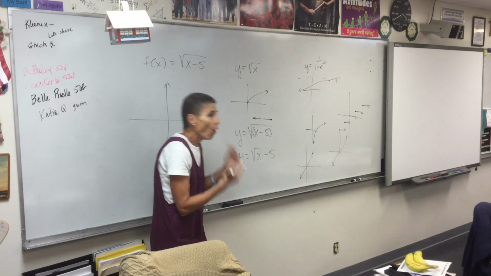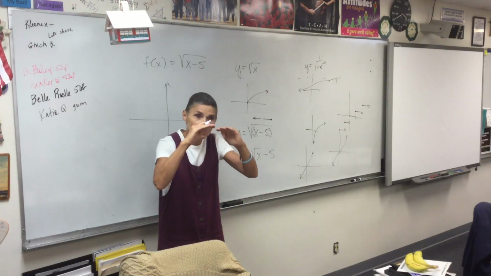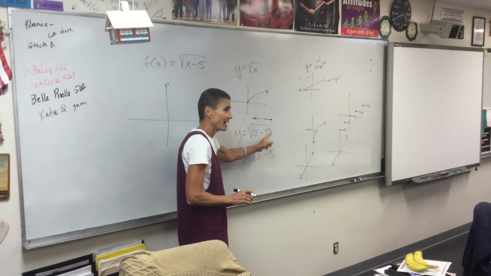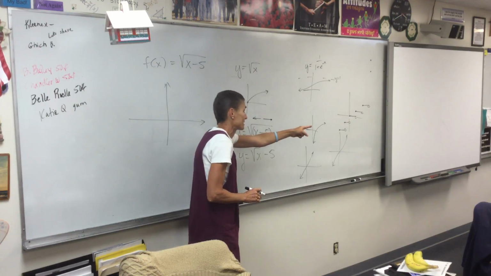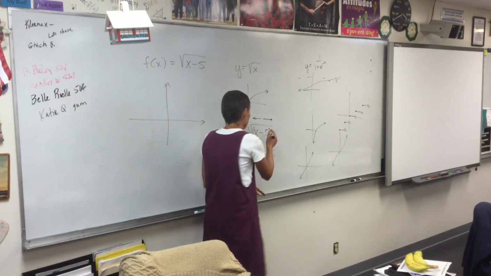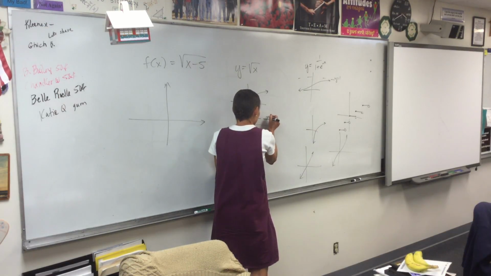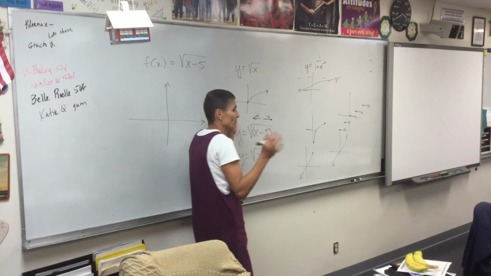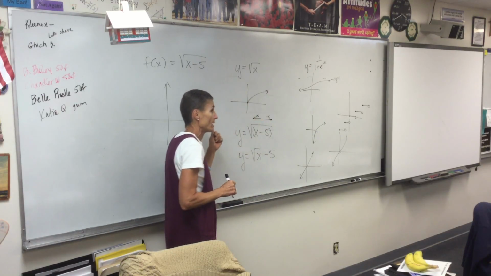And as is always the case when things are grouped with x, if it's x minus 5, it's going the opposite. So this would be positive 5. So if it's a minus 5, it goes this way. If it's a plus 5 or whatever the number is, it goes this way.